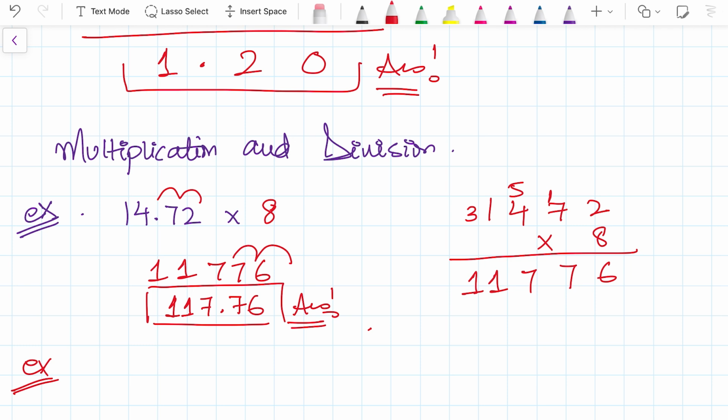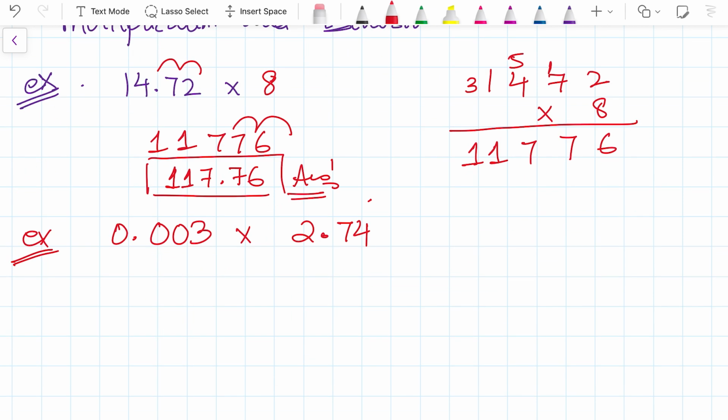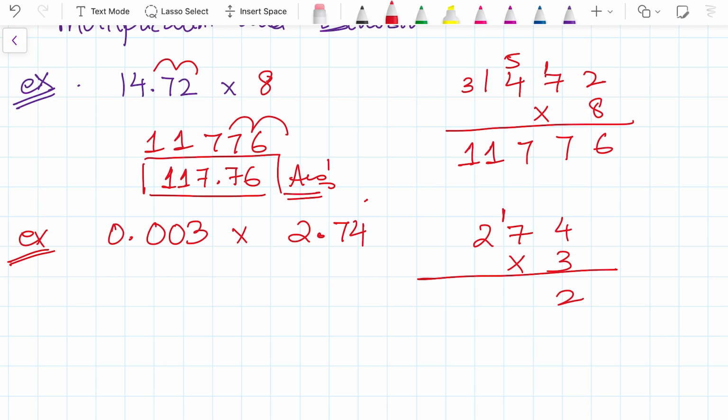Okay, let's take another example. For example, if we have something like 0.003 multiplied by 2.74. So how do we multiply? 274 multiplied by 3. We are not going to take decimals. We are just going to take the numbers. 3 times 7 is a 21. 3 times 2 is a 6.